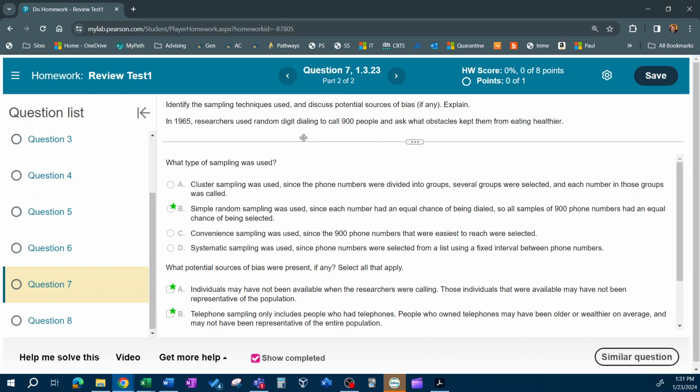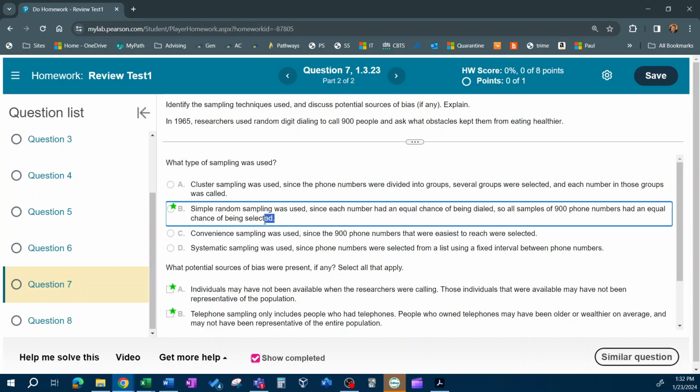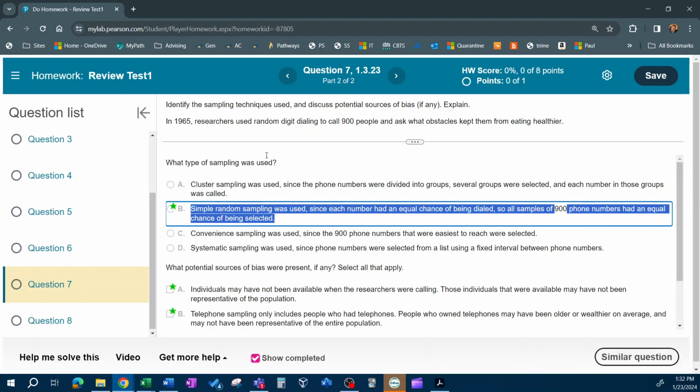And you have two things in your notes there, a random sample and a simple random sample. And I don't think they're going to try to confuse you with that in this problem here. So here they give you cluster, simple random, convenience sampling, and systematic sampling, all right? So the only one that's going to make sense here is the simple random sample.